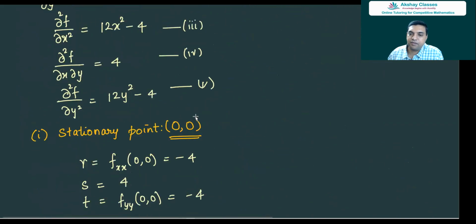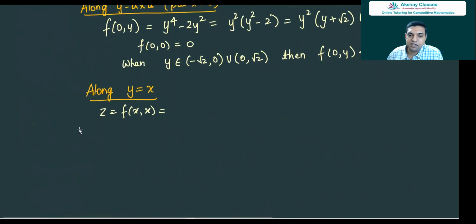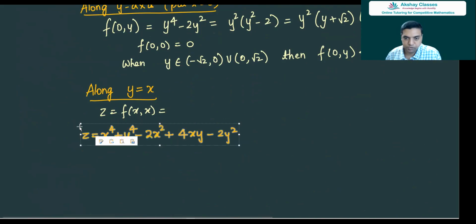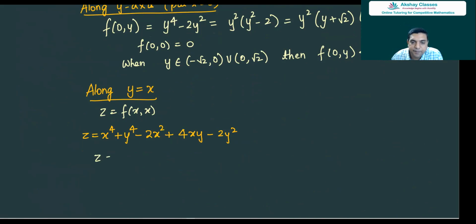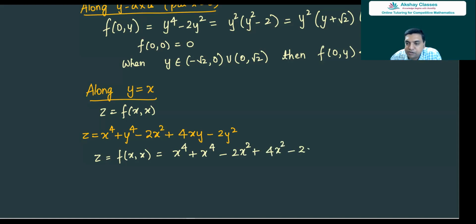So when you get a non-conclusive result, this is what we need to do. Now z = f(x, x), which is x^4 + x^4 - 2x^2 + 4x^2 - 2x^2. These cancel, you get 2x^4.